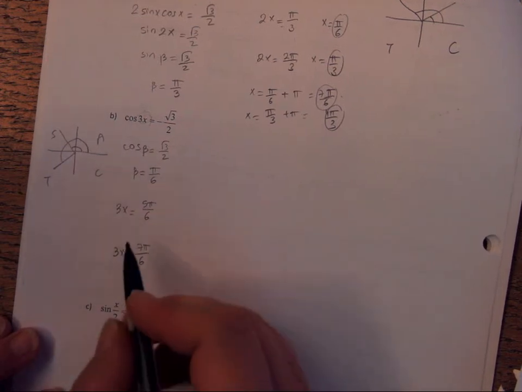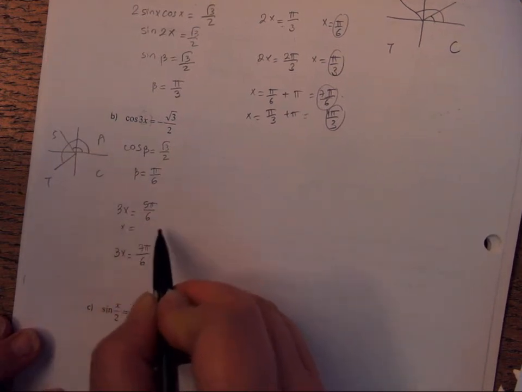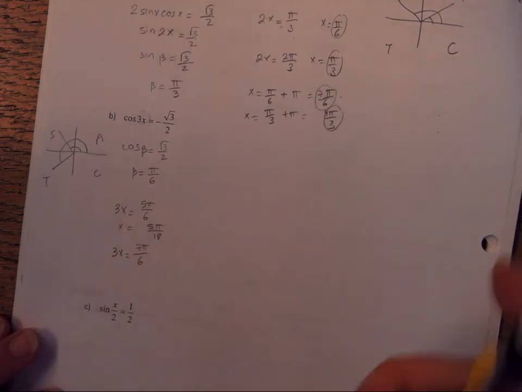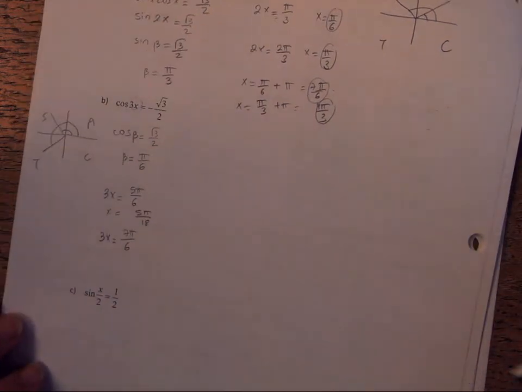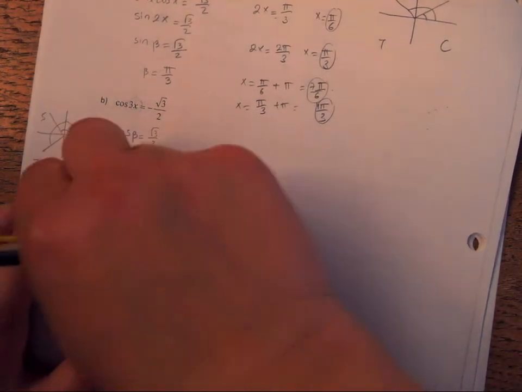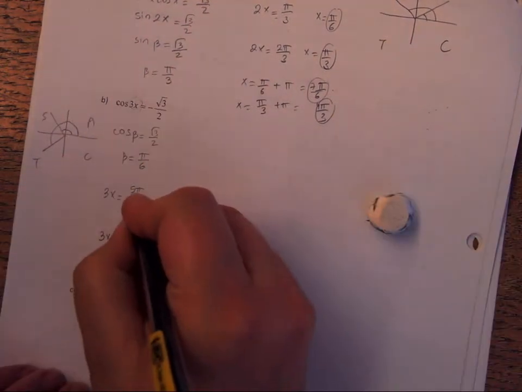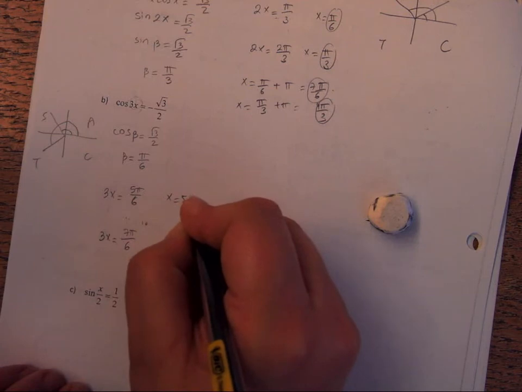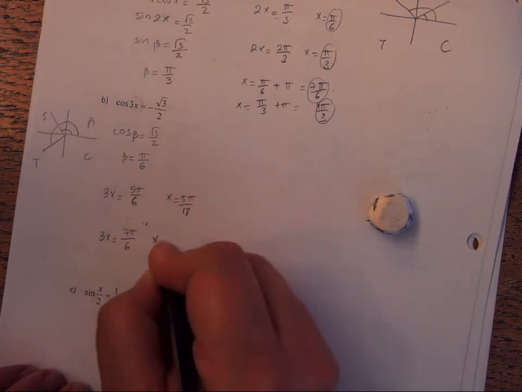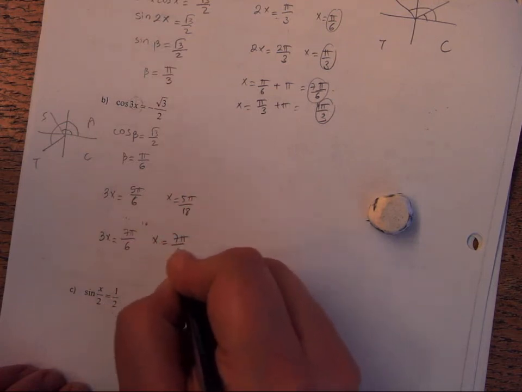Then we can divide both sides by 3. So x is 5 pi over 18 and 7 pi over 18.